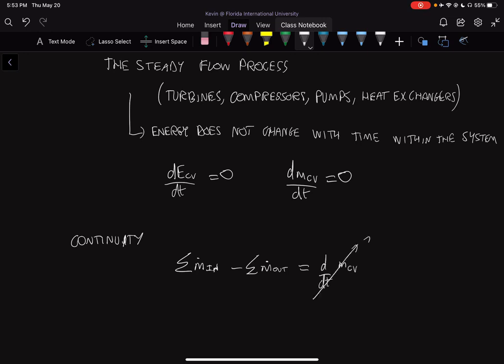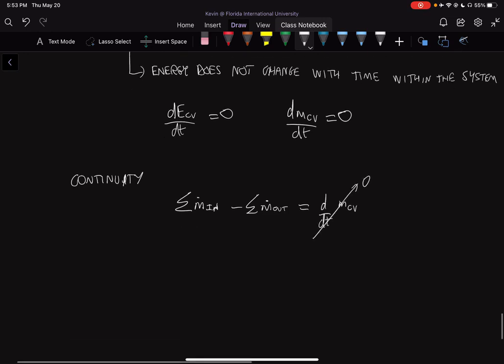But we know that this is equal to 0. So we're left with the sum of the mass flow rates in is equal to the sum of the mass flow rates out. And it makes sense, right? If we have a pipe with water flowing at 2 kilograms per second, the water is still going to be flowing at 2 kilograms per second at the exit. It's the only way, right?